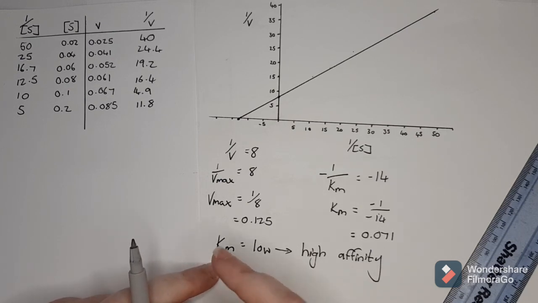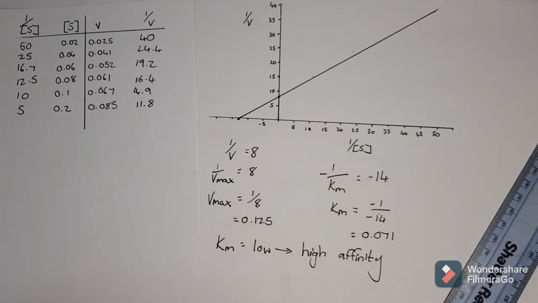As the Km gets higher, the affinity gets lower, because the rate of reaction starts to get slower, so the enzyme doesn't really like the substrate as much. So we've just got to remember a low Km value is what we want, because that means there is a high affinity.